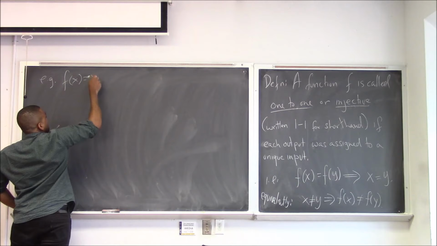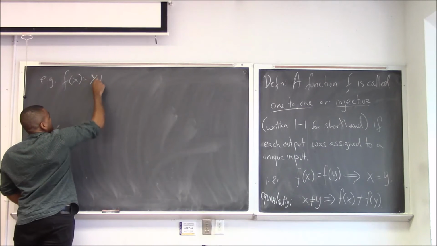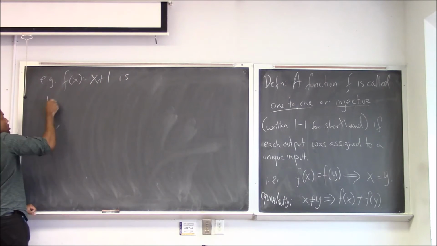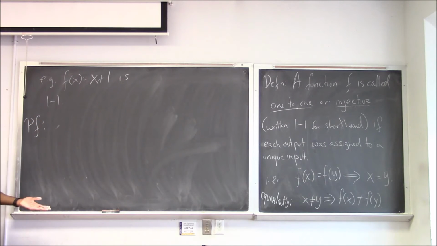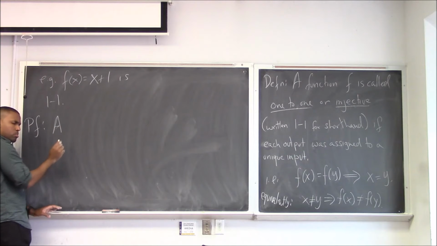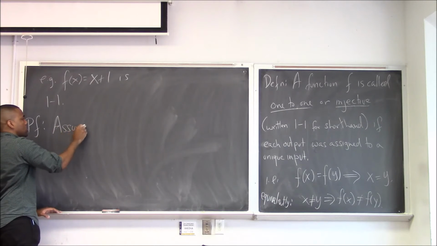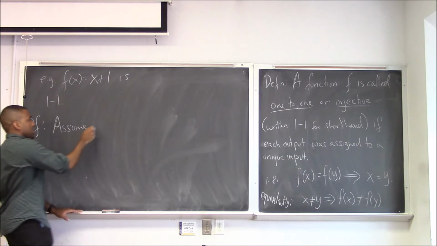f of x equals x plus 1 is one-to-one. Proof. I'll talk more about proving things later as well. Assume that f of x is equal to f of y.